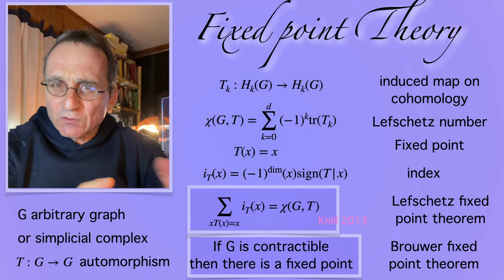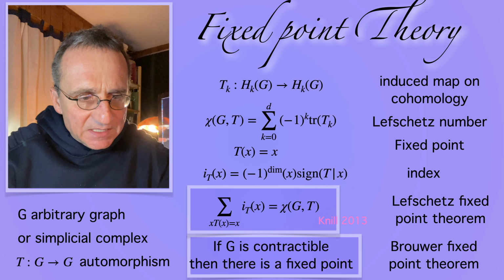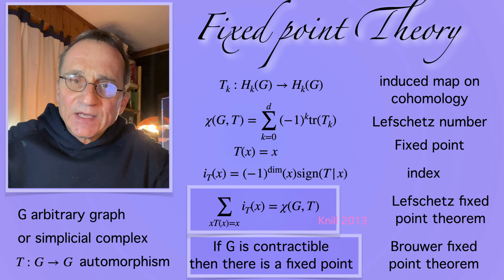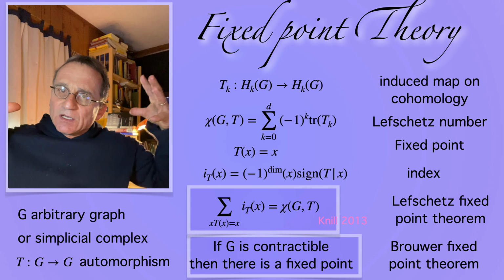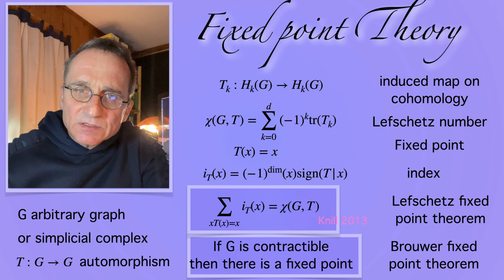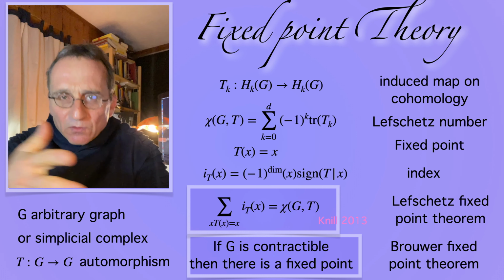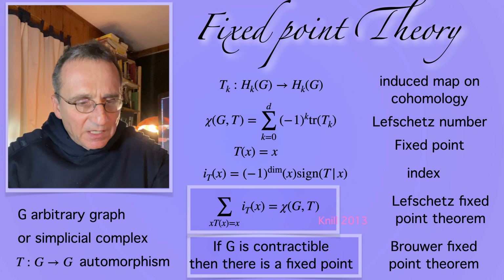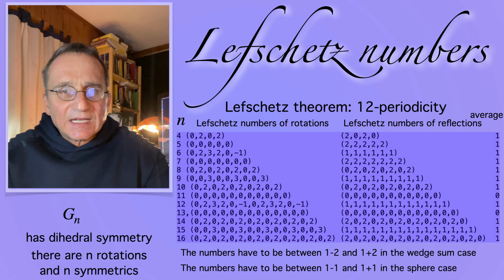I found this all by doing experiments and just seeing what is going on. This is the case when you have a contractible graph, then only the first cohomology group is nonvanishing, and all the others are zero. So you will have a fixed point. That's the Brouwer fixed point theorem. So here are the Lefschetz numbers.